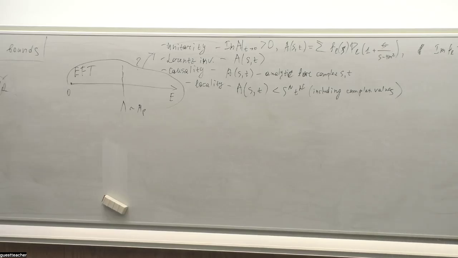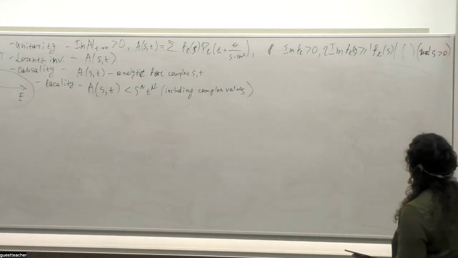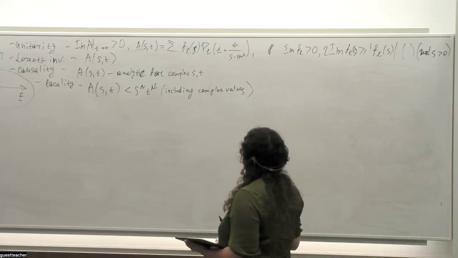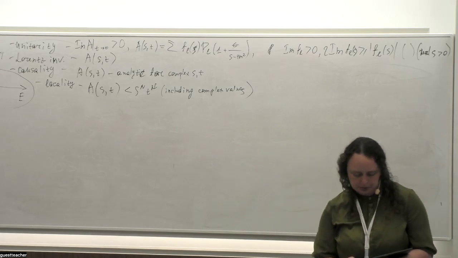Not only for real and positive s. Locality is defined as polynomial boundedness of the amplitude in the whole complex plane.